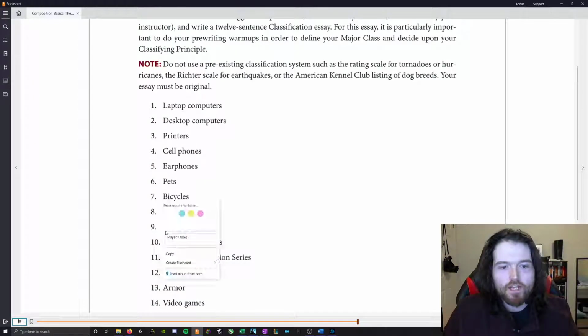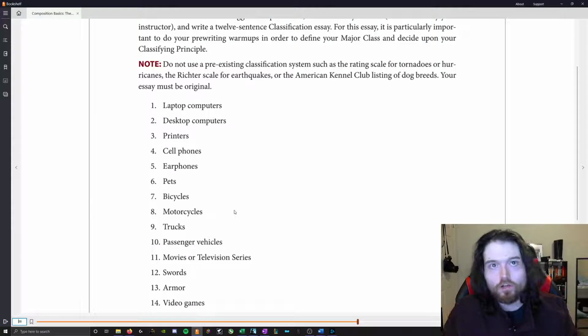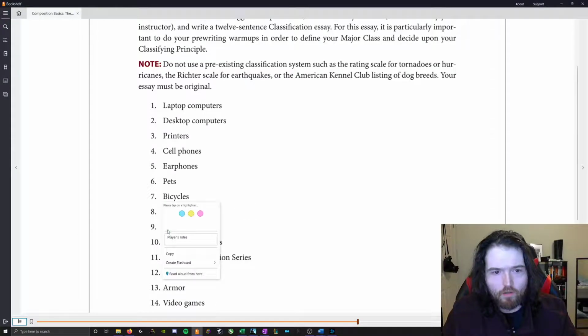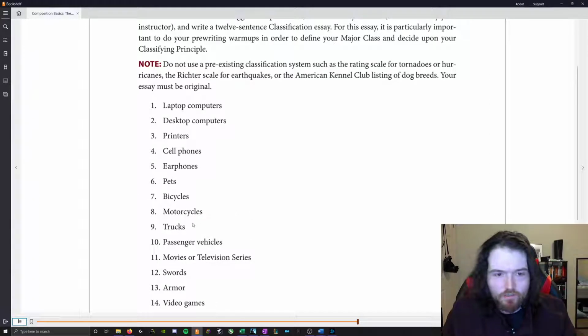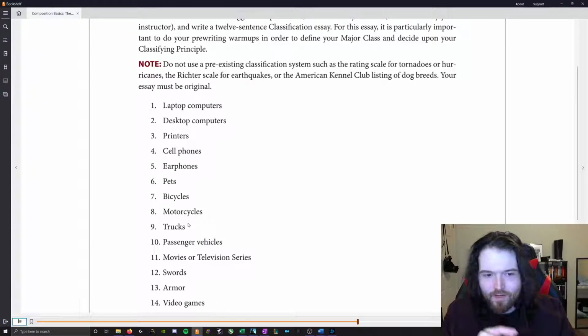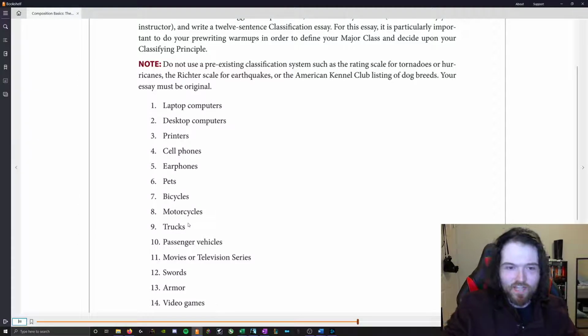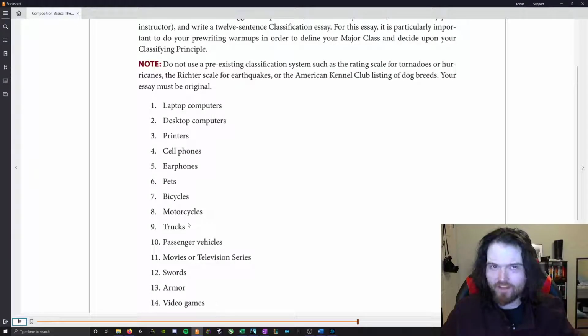For trucks, you could easily do something like Ford, Chevy, Toyota, and you can explain what each of them's best use case is. Or you can explain different types of trucks like short bed, long bed, or the one, I'm not sure what they're called, sorry if I'm making anybody cringe. The ones with the beds completely off of them and they don't have any sides, I guess a flat bed, I don't know.